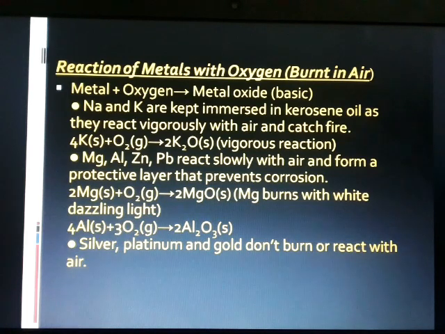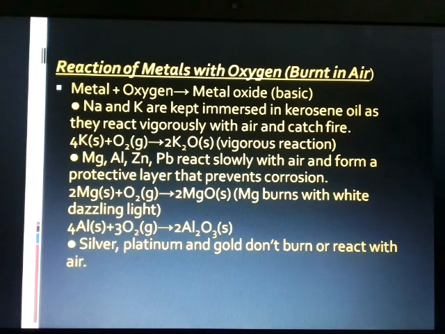Magnesium, aluminium, zinc and lead react slowly with air and form a protective layer that prevents corrosion. So only this electroplating has been done. In many of our kitchen vessels, we have seen a protective layer over a normal metal, because that will react slowly with air, so it is easily used for heating purposes. Magnesium reacts with oxygen to give 2MgO, magnesium oxide.